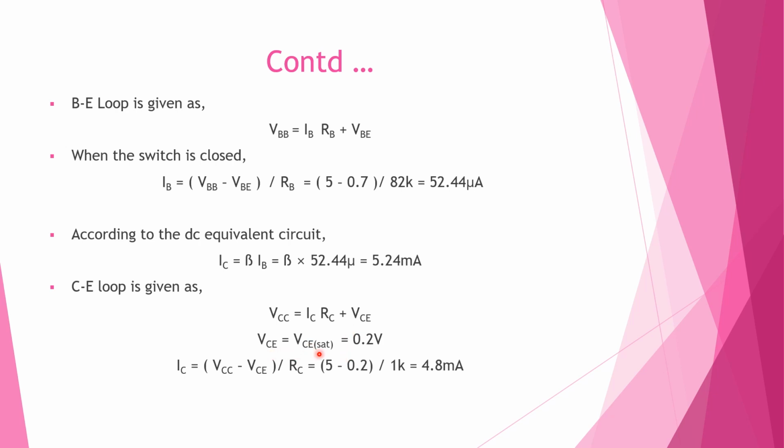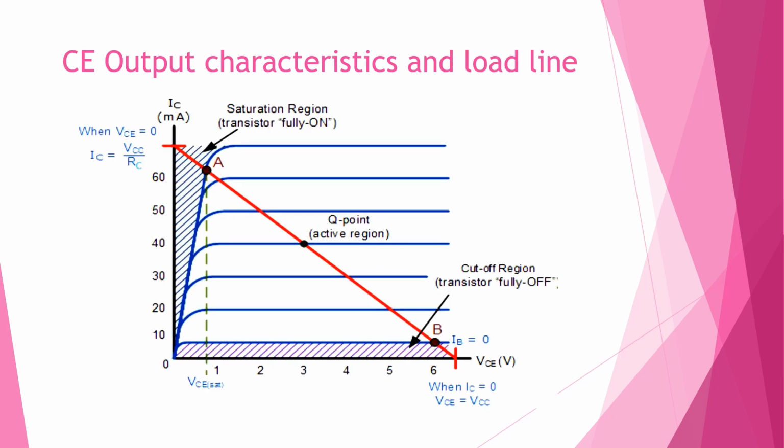So we write VCE equal to VCE sat, the saturation voltage, which is 0.2 volt, and substitute in the IC equation, IC equal to VCC minus VCE by RC. So we write 5 minus 0.2 by 1K, which is equal to 4.8 milliampere. First we took IB equal to 52.44 microampere, and at that value IC would be this value. But we take VCE sat as the VCE voltage and again find IC equal to VCC minus VCE by RC, and we get 4.8 milliampere.